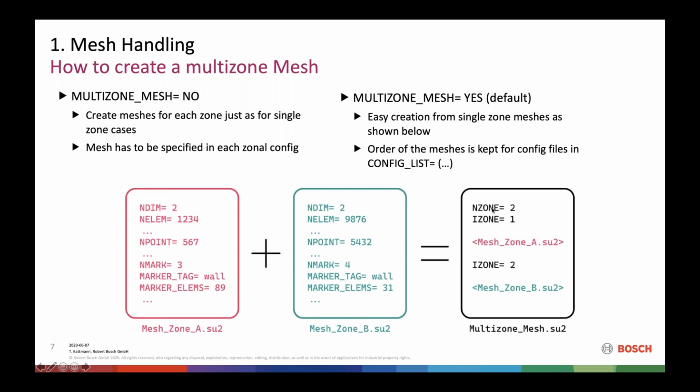So just put nZone, iZone, copy the mesh into, repeat that for the different zones, and you're good to go. And then you just have one mesh which you can use later. And the order of the meshes in this mesh file is important in the sense that it is used later also in the order of the config files and so on.